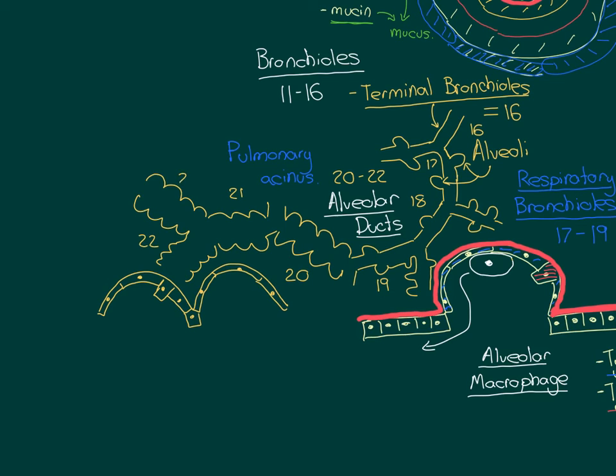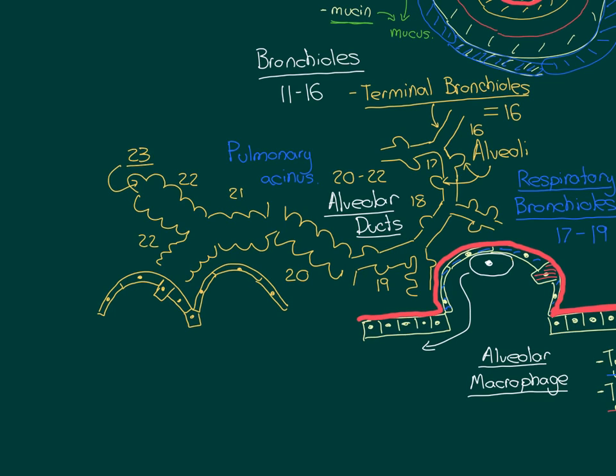So this is 22, this is 22. And then after that, finally, it will just end blindly with an alveolus. And then we call that final alveolus a generation 23 airway. So this one here would be the generation 23 one, the one that's the blind end.